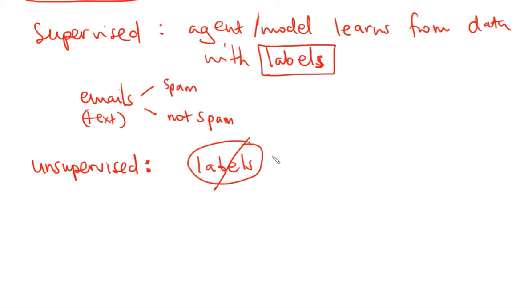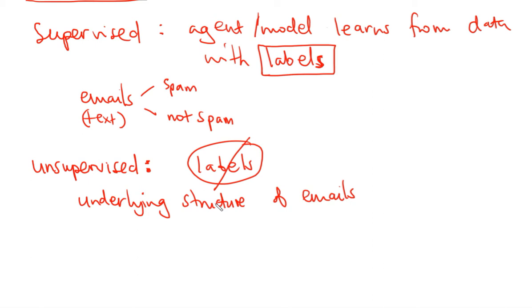But what the model is going to do is look at the underlying structure. Here in unsupervised learning, it's going to try to learn the underlying structure of all the emails, the underlying structure of the text.